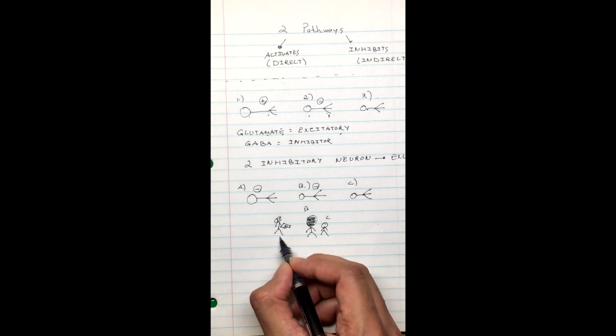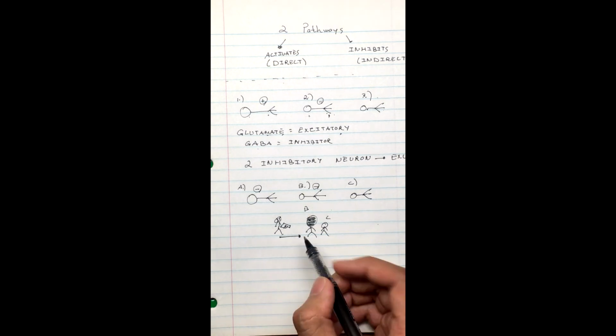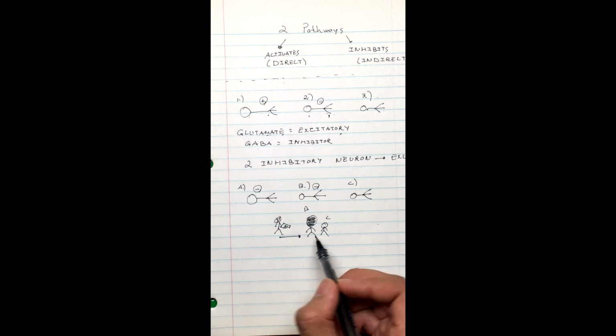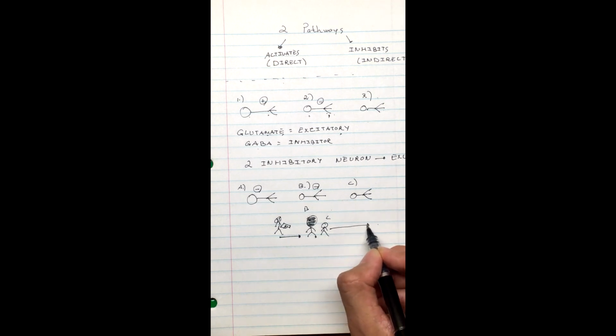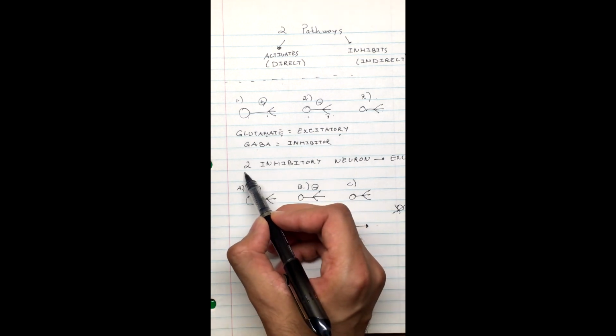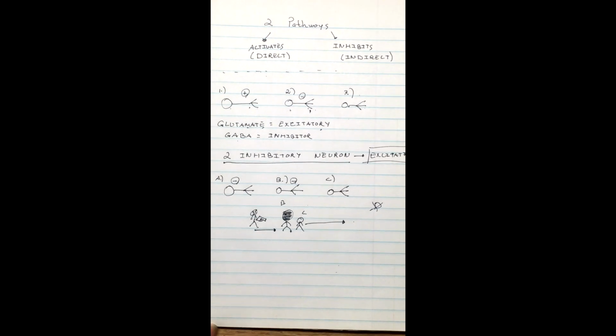It is a really bad police officer. Now, if the police officer is going to inhibit B, or inhibit the kidnapper, C can now effectively run. It can get away, because whatever used to inhibit C is now being inhibited by the police officer. So this is kind of parallel to the concept of disinhibition. It's hard to think about in more depth, but just think in your mind, whenever you see the concept of 2 inhibitory neurons together, it's typically going to excite whatever the second neuron is connected to. Oops, hope everyone can see that.